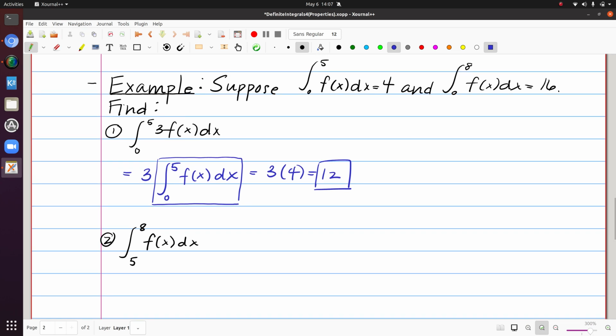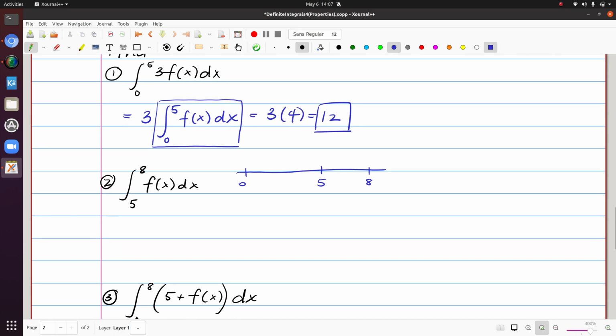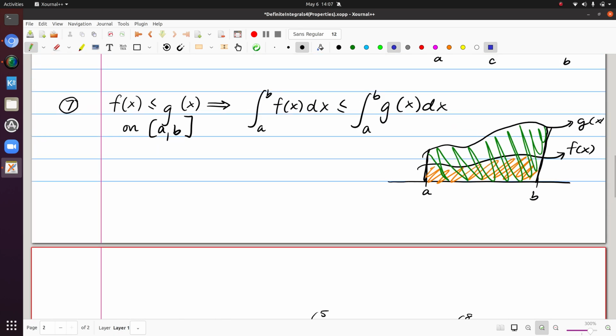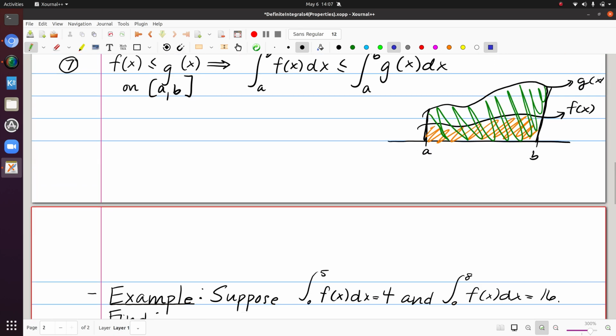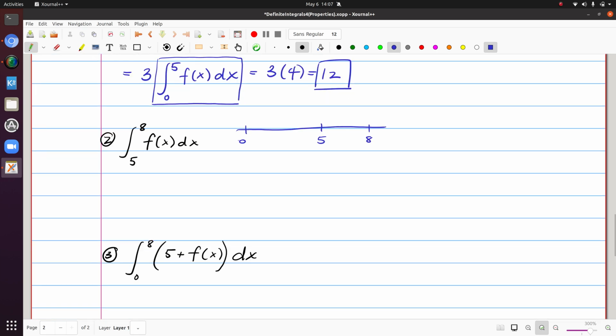For the next part, we want to integrate from 5 to 8. Again, you can think about the number line associated to this. We know 0 to 5, and we know 0 to 8, and we want to find 5 to 8. So this is going to come down to that sixth property we were looking at above. So I want to try to break this up.